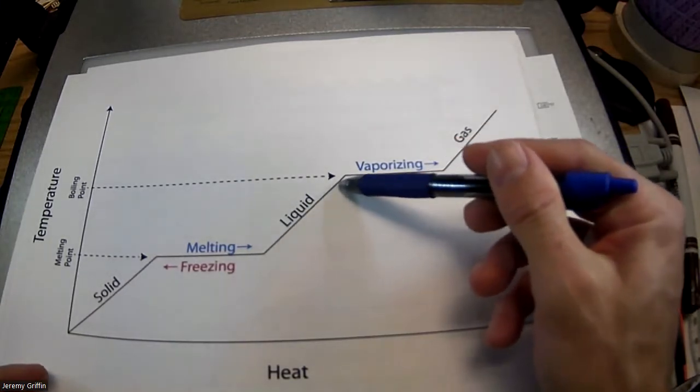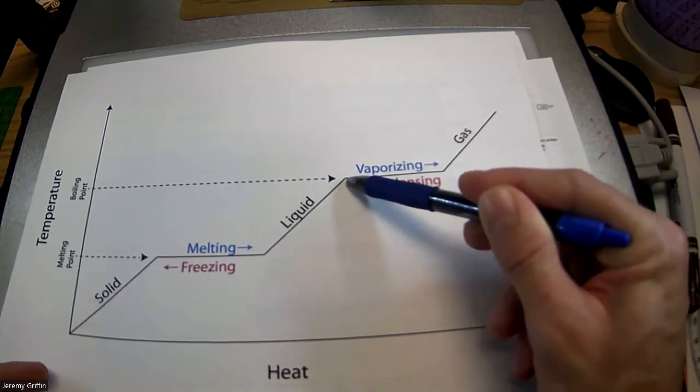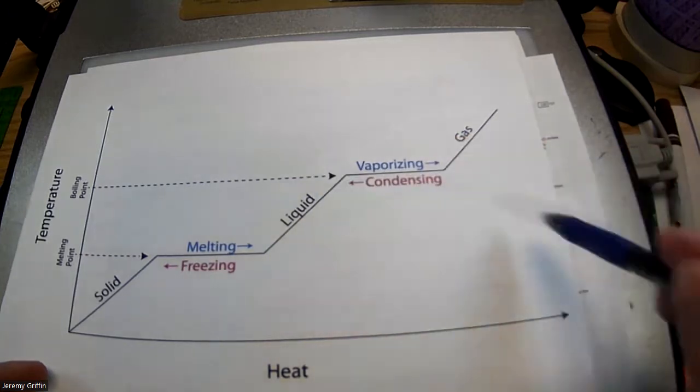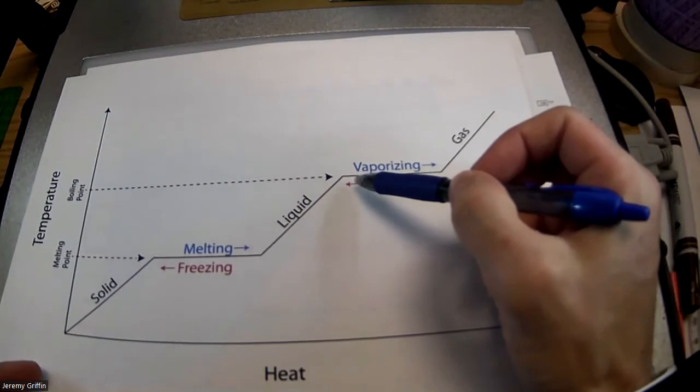When you get it to 100 degrees Celsius, the water begins to boil. Now it's undergoing another phase change. And again, the temperature gets stuck, this time at 100 degrees Celsius, as long as you're at 1 atmosphere. So down here at sea level, that would be true for water.